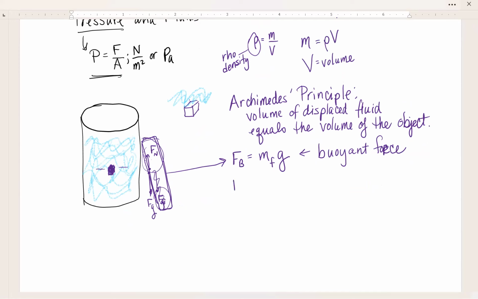And so my buoyant force is the density of my fluid times the volume of the fluid times gravity. The volume of the fluid is the same as the volume of the object because of Archimedes. Write this down. It is on your equation sheet, but it is also definitely card worthy. So there's your buoyant force.